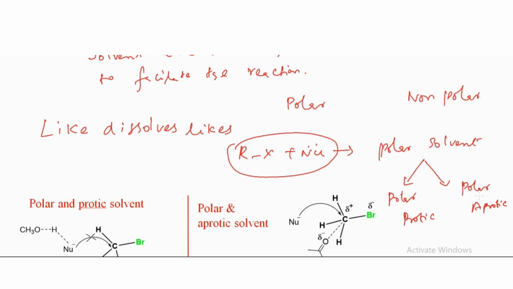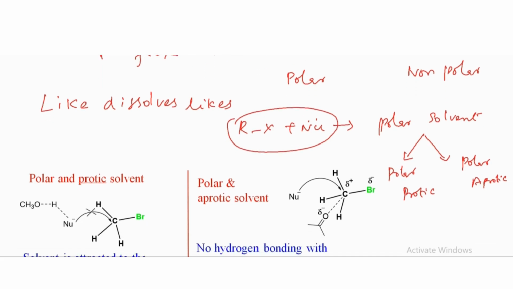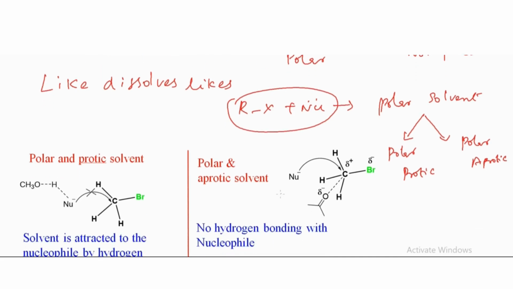Polar aprotic means it does not have a proton to donate, but both are polar in nature. So we know we should use a polar solvent, but which one should we choose, polar protic or polar aprotic? For the SN2 reaction, we should always choose a polar aprotic solvent.